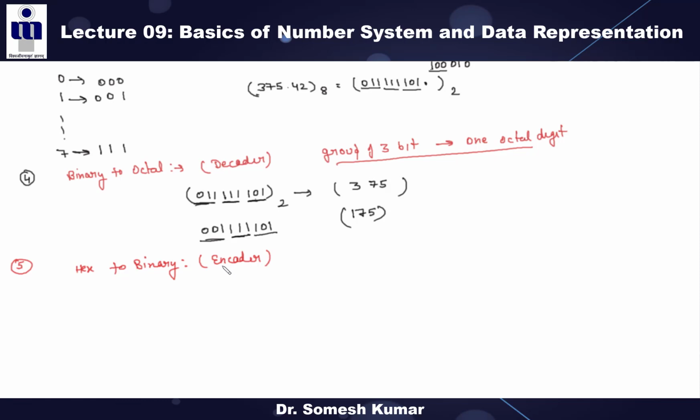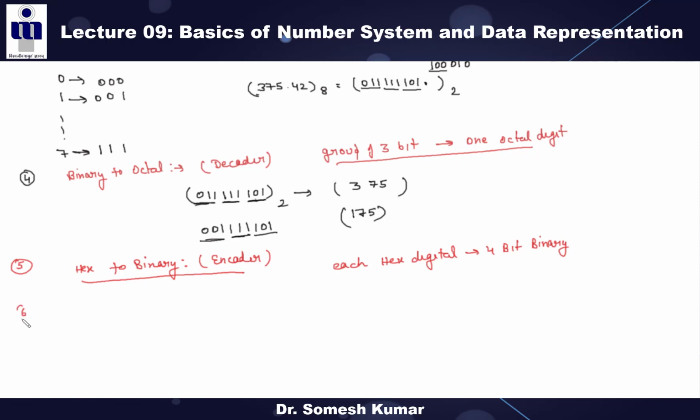And the circuit which converts binary to other codes is called a decoder. Clear? So hex to binary means each hex digit is a combination of how many binary digits? 4-bit binary, right? This is the method to convert hexadecimal to binary.